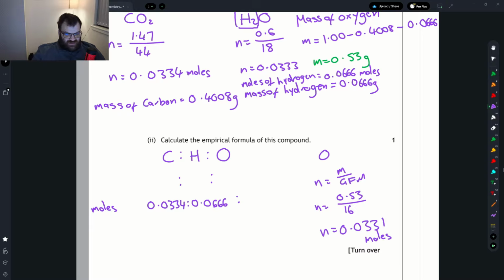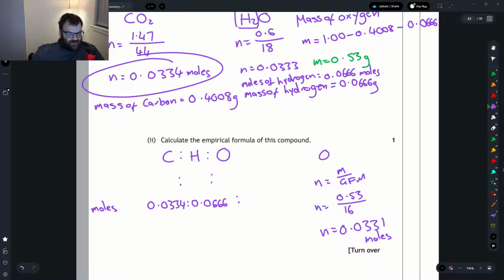moles. As a recap, we already had worked out the number of moles of the carbon dioxide, and there's one carbon within that, which is why it's the same. We're taking into account there's H2O, which is why I've doubled it, and I've just done the same calculation, but for oxygen, given 0.0331. In this question, I would say the numbers are pretty lined up.